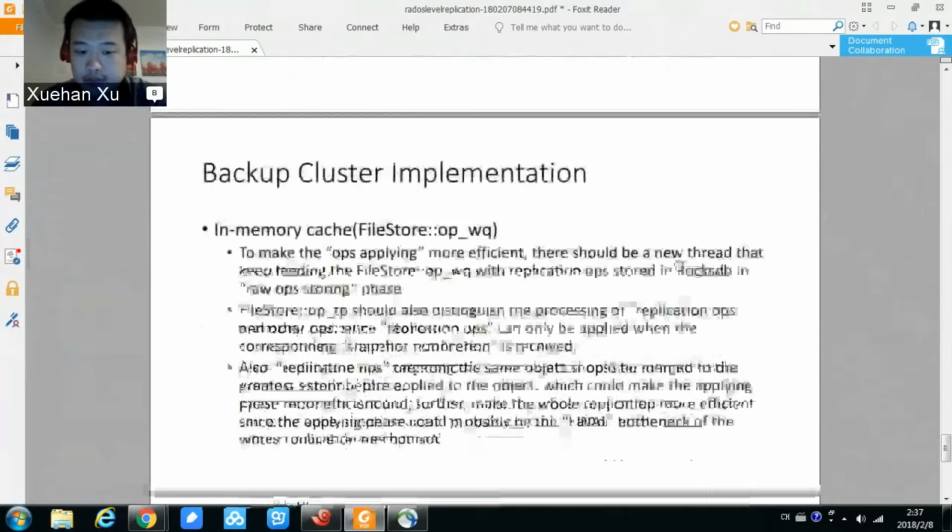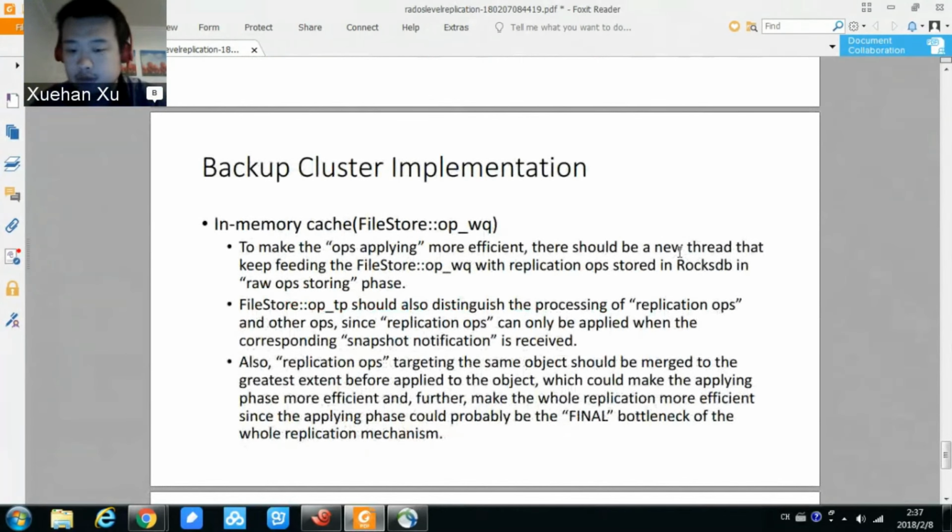And also, to make the ops applying more efficient, we think that there should be a new thread that keeps feeding the file store's OP work queue with replication ops stored in the RocksDB that are in the RAW ops storing phase.